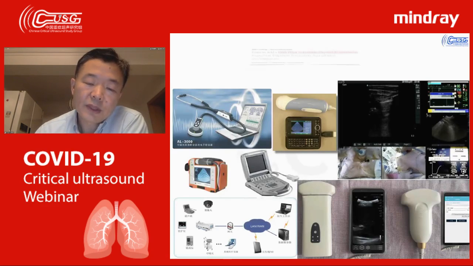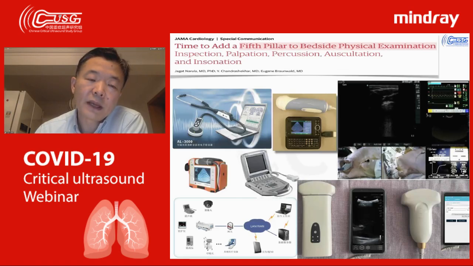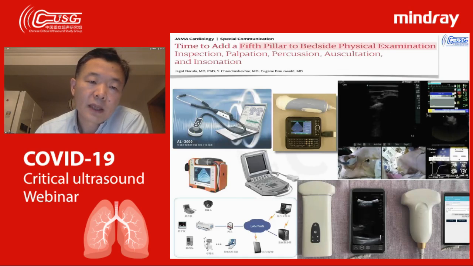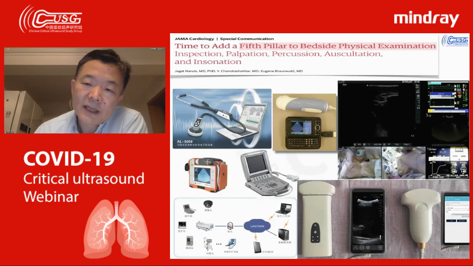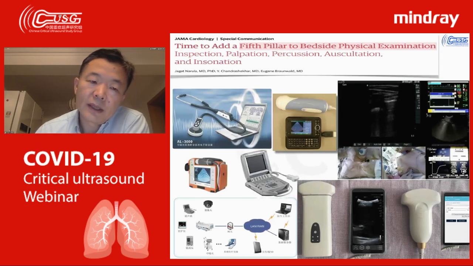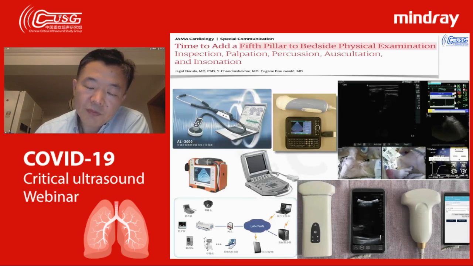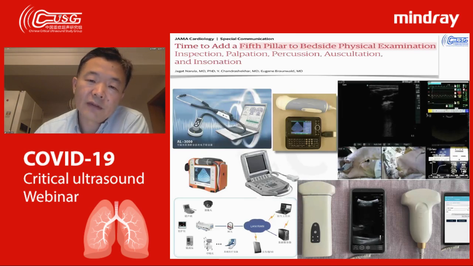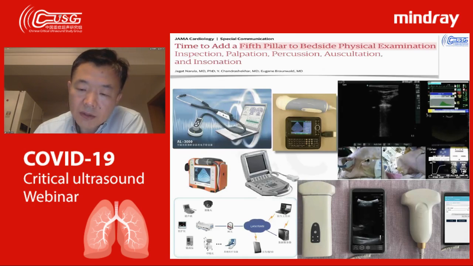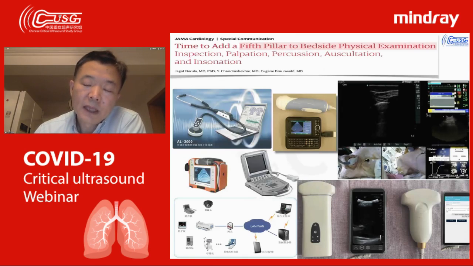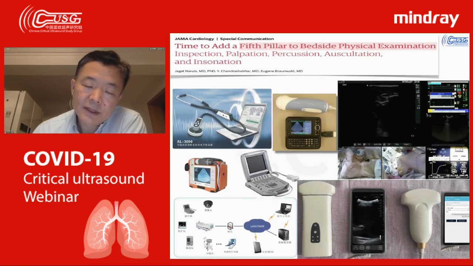So if you put all this information together, now you can see it's published in JAMA Cardiology: now it's time to add the fifth pillar to the bedside physical examination. Before this, we only had four pillars, but now we have ultrasound to help us, especially in NCP or COVID-19.